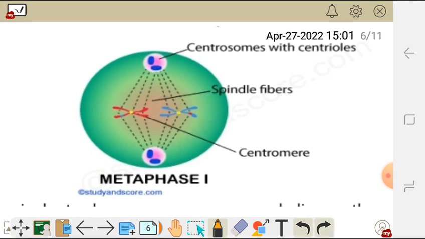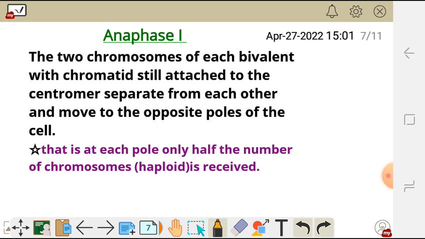So let's move on to anaphase 1. After the microtubules have attached themselves and the chromosomes have aligned themselves, these chromosomes now separate. They are pulled by the spindle fibers and they separate from each other and move to the opposite poles of the cell.